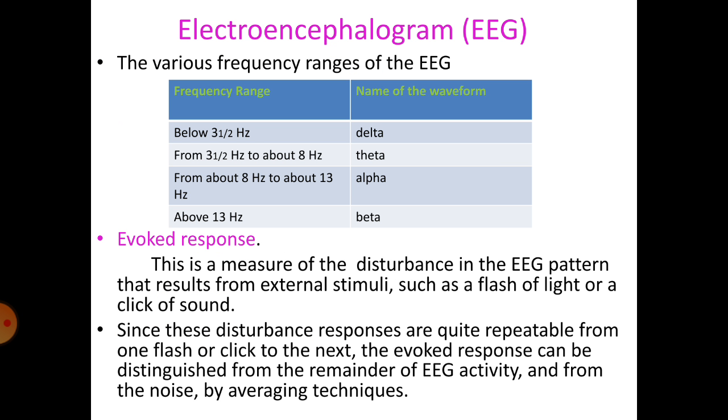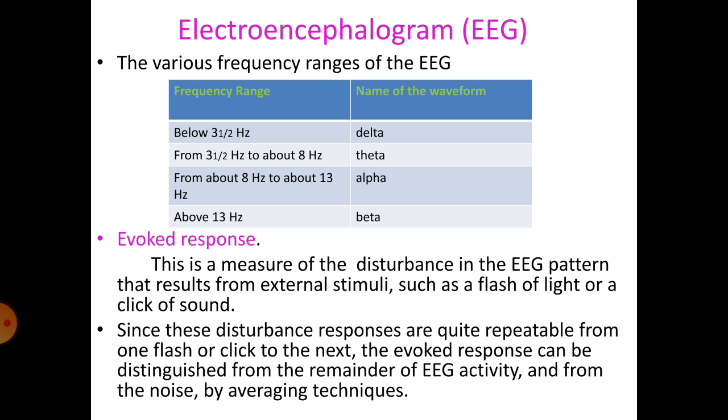The various frequency ranges of the EEG: delta, theta, alpha, beta. Below 3 hertz is the delta waveform, from 3 to 8 the theta waveform, from 8 Hz to 30 Hz the alpha waveform, and above 30 Hz the beta waveform.